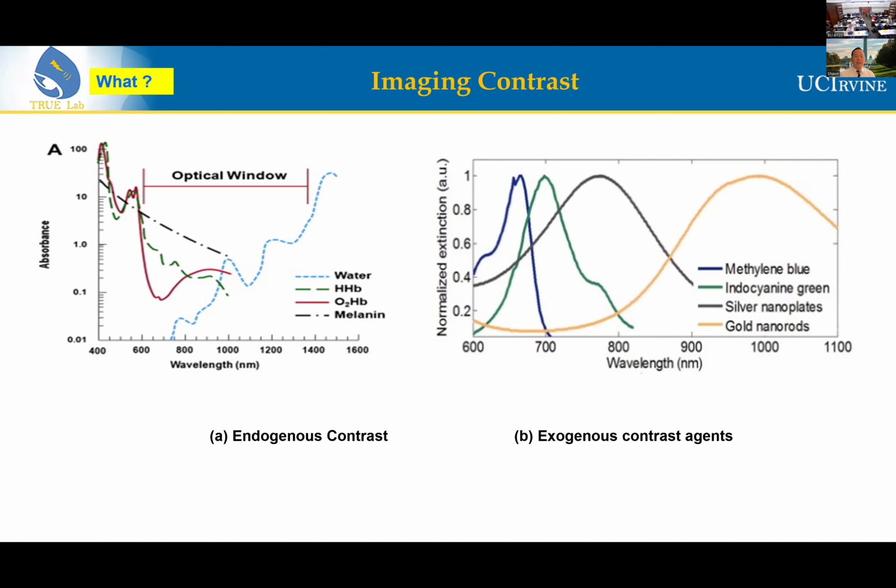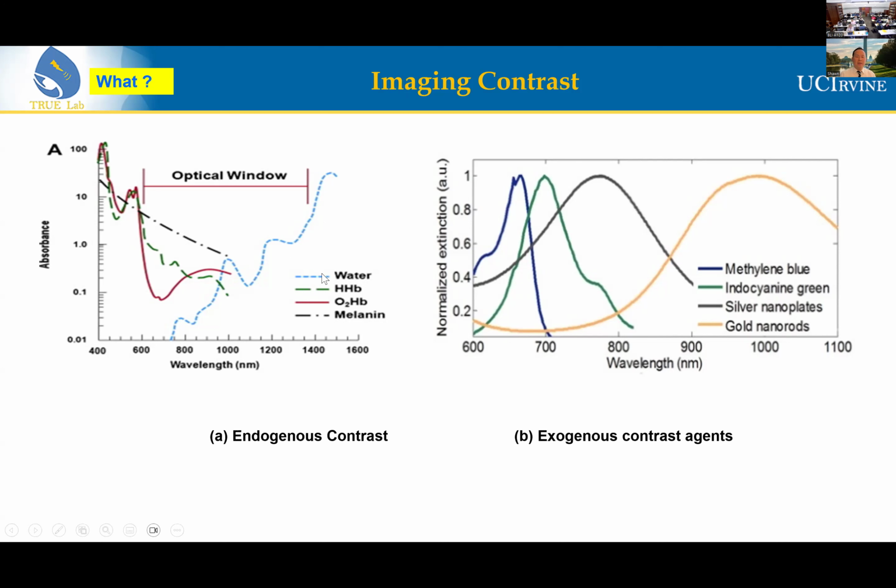If you look at the graph on the left, I have listed four different molecules typically within the human body. Water is the blue line. Water has very strong absorption after 800 nanometers, even stronger in the infrared. That's the absorption curve for water.